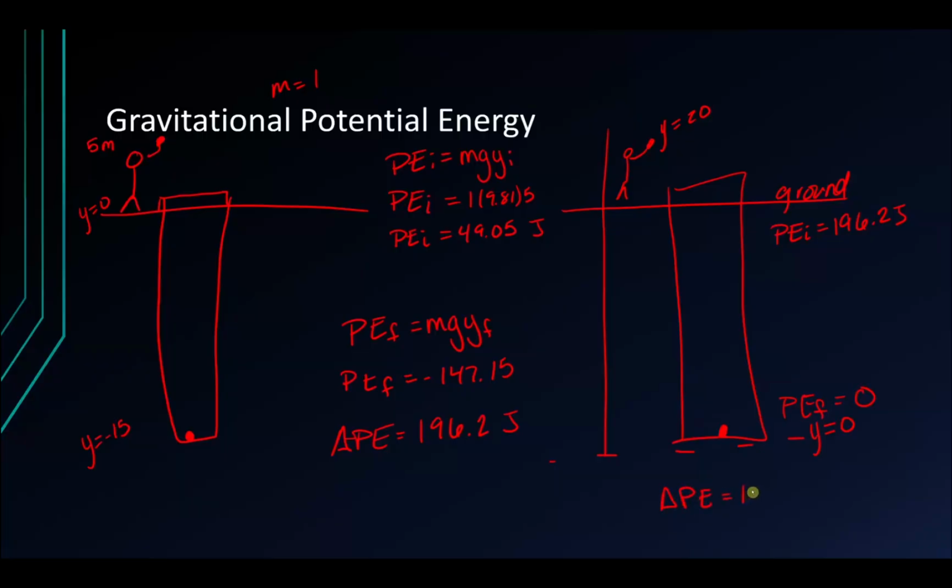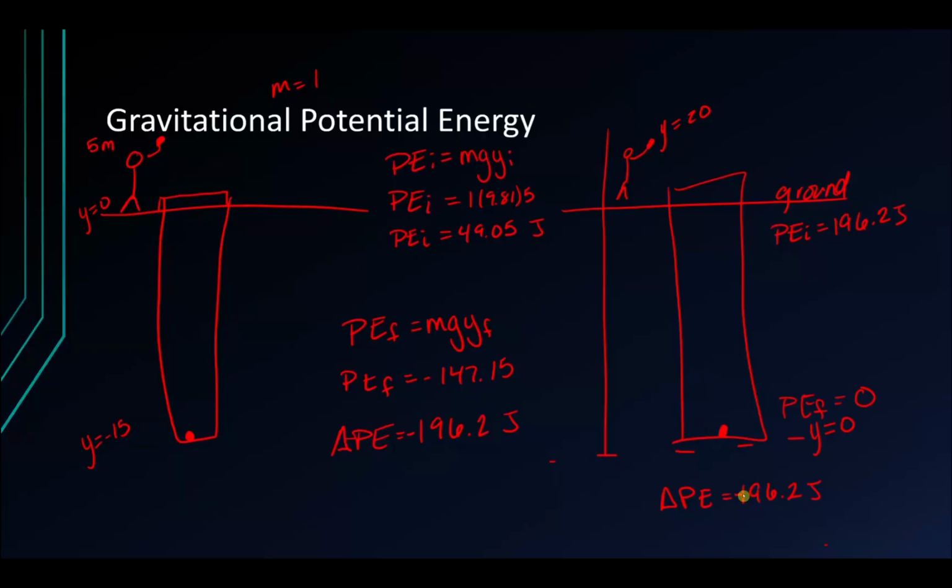It's still 196.2 joules. These are negative values, negative 196 because it lost potential energy. It fell. So my location-specific potential energy changes, but the total change in potential energy is the same throughout this entire process.